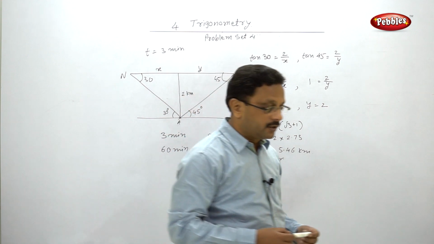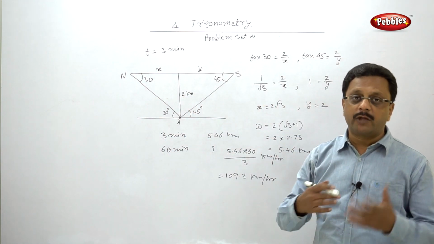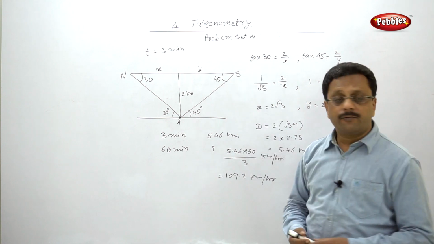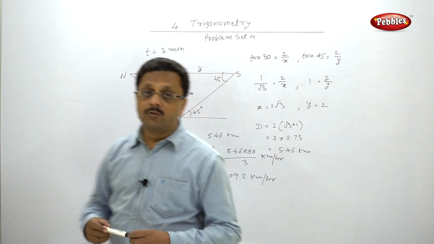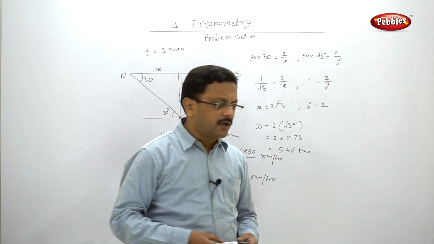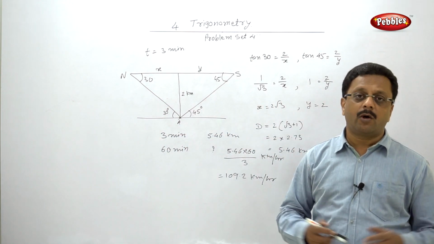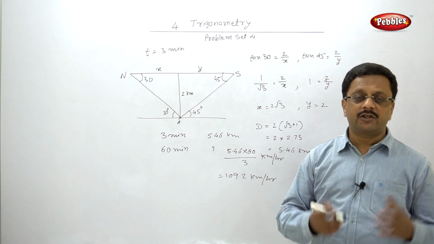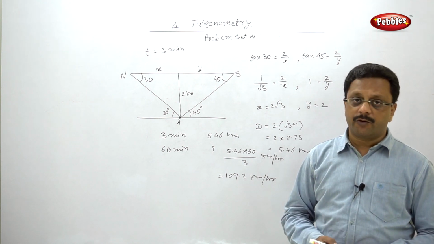Just remember in this case to draw the figures perfectly, and in the case of prove-that examples, like 4.3, you have to do a lot of practice. There are hardly 4 to 5 types of examples. When you solve at least 20 to 25 examples of each type, it will be very easy for you.